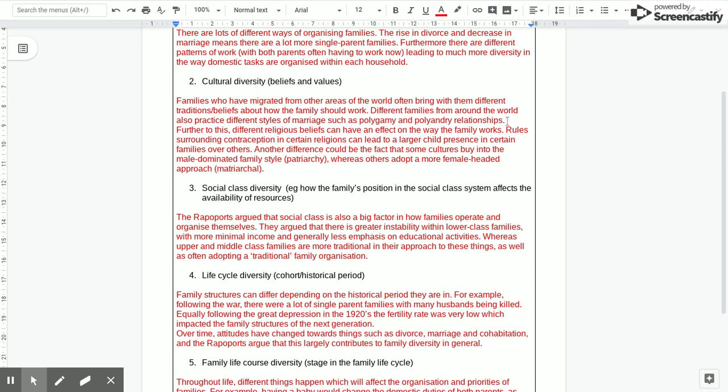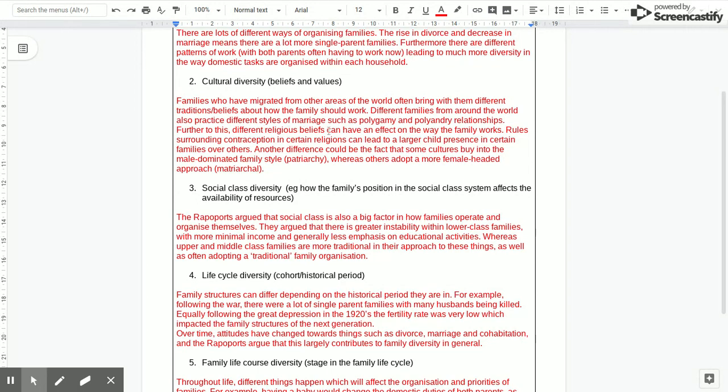So in Britain, we're very right and proper in how we see things. So we're very monogamous. Okay, we're only with one person at any one time. Hence the nuclear family, mother and father. Okay, whereas in other parts of the world, it might be seen as more acceptable to engage in polygamy and maybe even polyandry relationships. So being with multiple people rather than just one. Okay, so that's definitely a source of diversity.